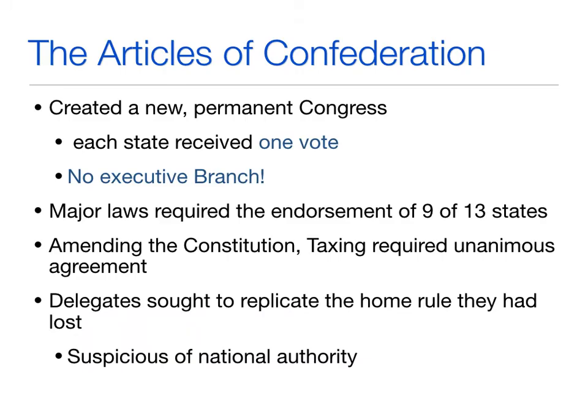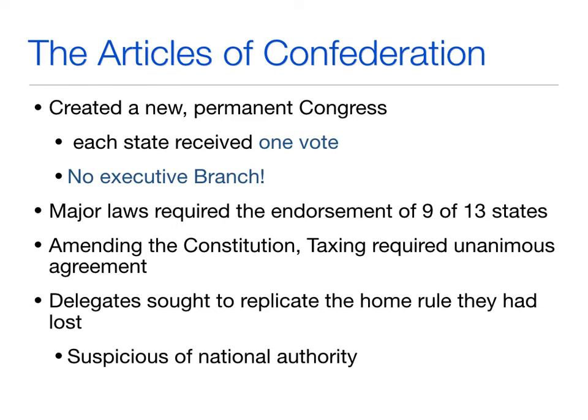So in the Articles, we have a new permanent Congress, so a legislature, which is not a surprise given that our politicians in these new 13 states based on 13 colonies were mostly experienced in legislating. So they create a new Congress where each state receives one vote. The delegation of each state gets one vote.